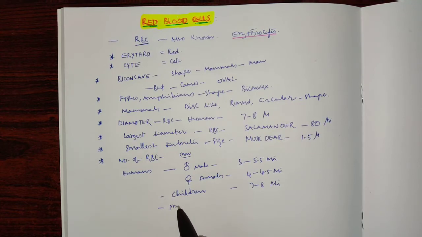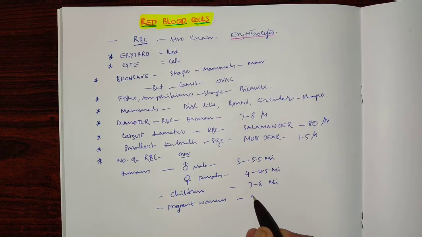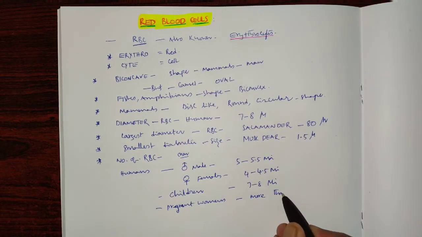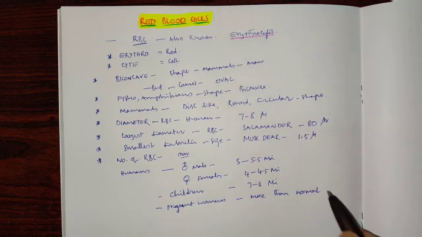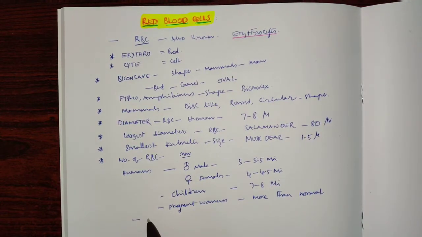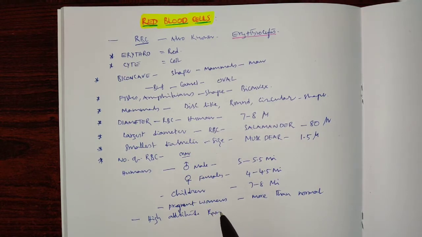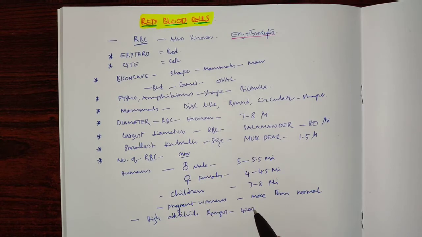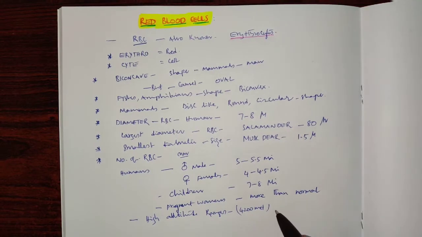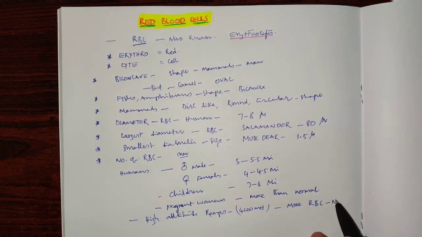And in pregnant women, the number of RBCs is usually more than normal. And the people who live in high altitude ranges like hills, about 4,200 meters of height, usually have more RBCs than normal.